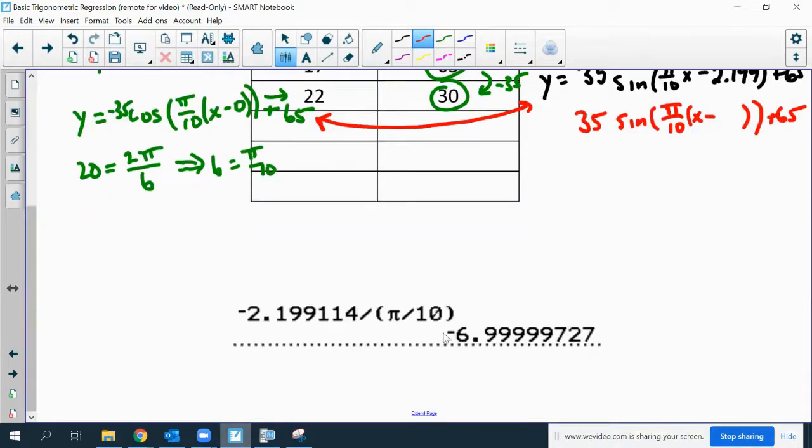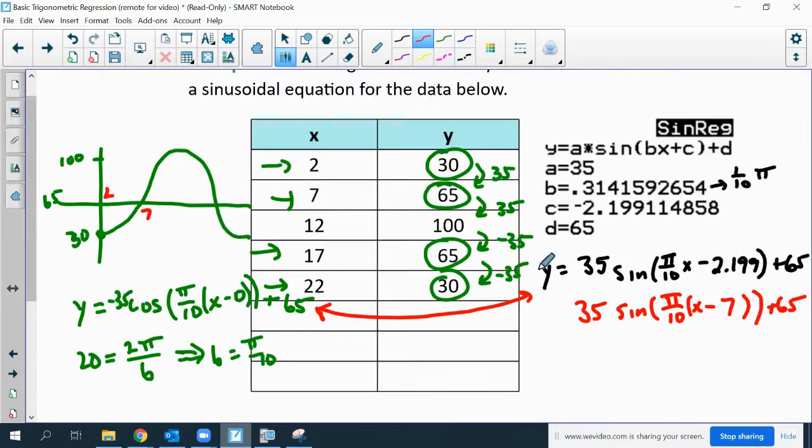What I would end up getting is negative 7. This is just a rounding error because I didn't type in enough digits. So what I end up with is a minus 7 here, and that makes a whole lot of sense because this graph with the sine should match up identically with the cosine graph that I got just by understanding what these 5 points will give me on the graph.